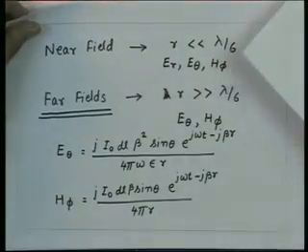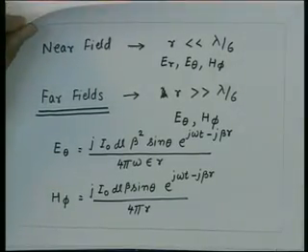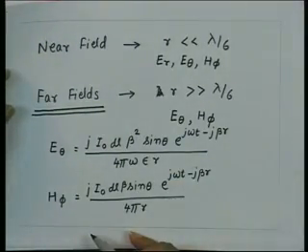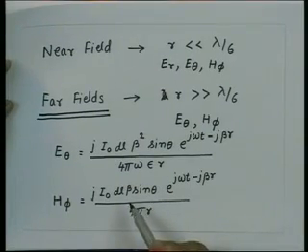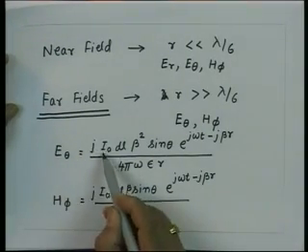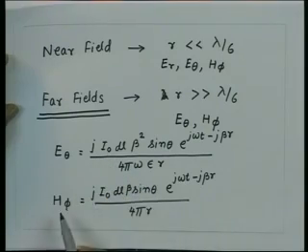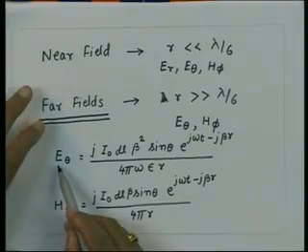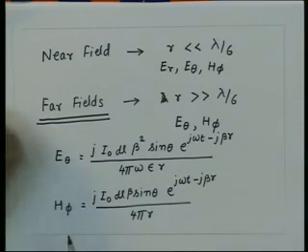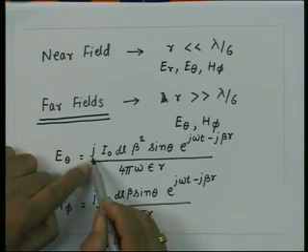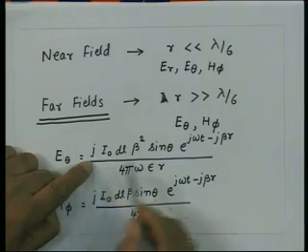The second thing we note from here is that the electric and magnetic fields have this term j with respect to the current I 0 e to the power j omega t. That means the fields which are now generated, what we call the far field or radiation field, are 90 degrees out of phase with respect to the current.